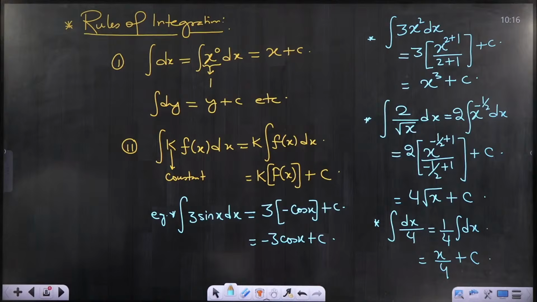Is it clear to all of you? These basic rules we are discussing first.